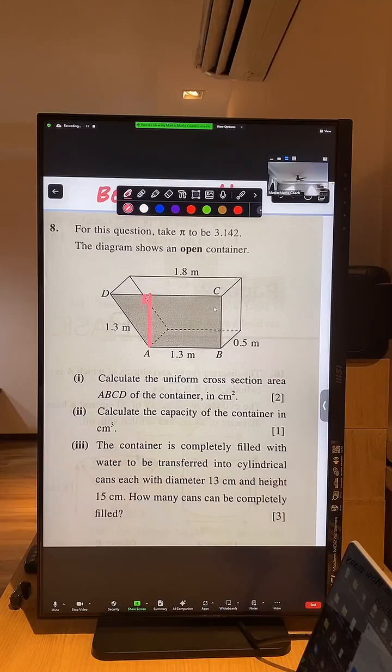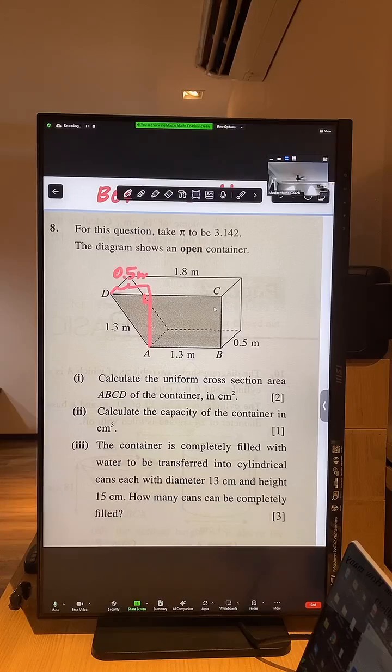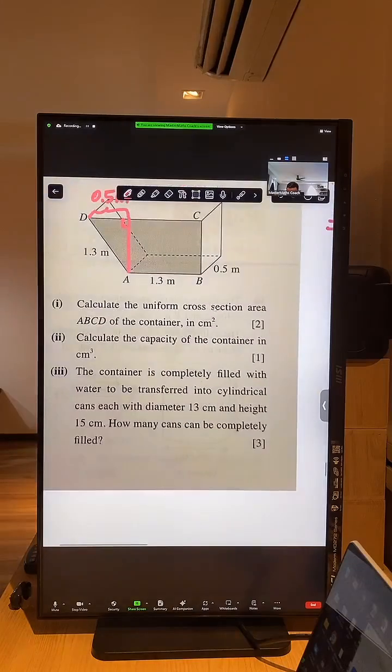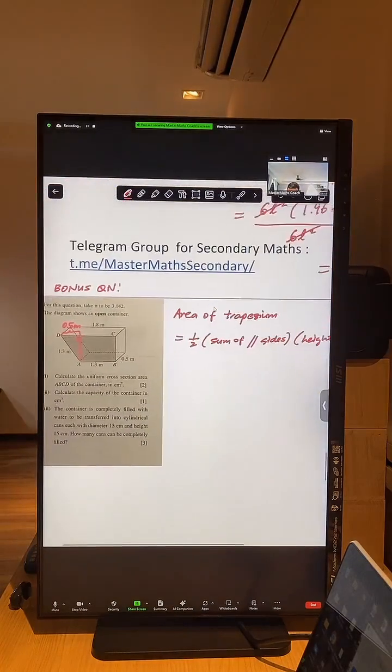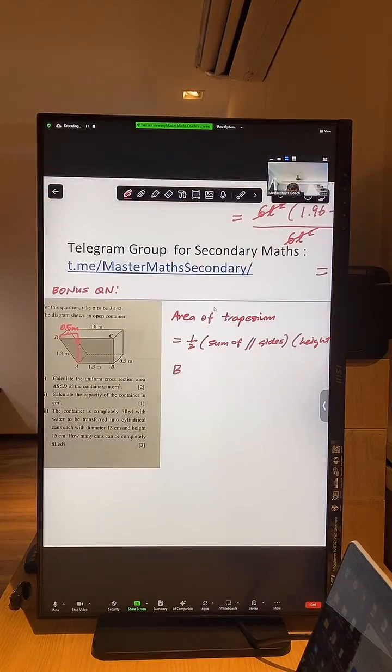You know that this is 1.3. You know that this will be 0.5. Okay? So let's find the length of BC. So BC square equals AD square minus 0.5 meter square.